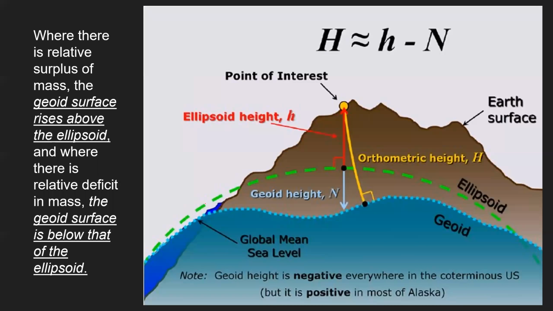Okay, so now we're adding a layer here. The green is going to be our ellipsoid right here. And this is that kind of smooth surface that supposedly represents the sea surface. In some areas it matches up, in some areas it doesn't, because the Earth has different sea surface levels across it.